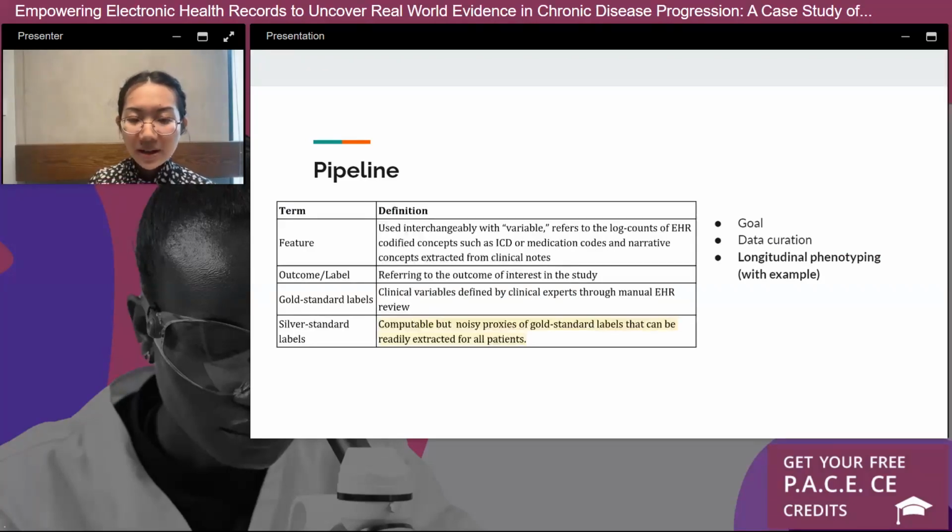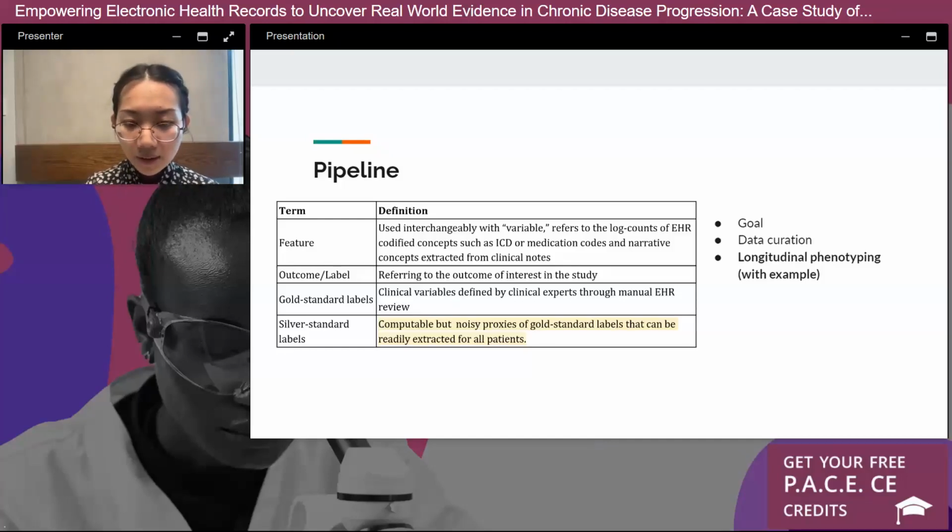So here, just for clarity, I provide some definitions for some terms. When we say features, we also mean variables, and we refer to the log counts of the EHR codified concepts, such as the ICD or medication codes, or the narrative concepts from the clinical notes. When I refer to outcome or labels, I'm referring to the outcome of interest in the study.